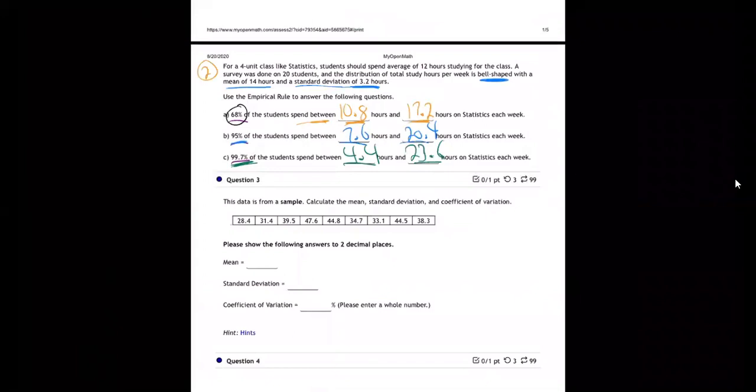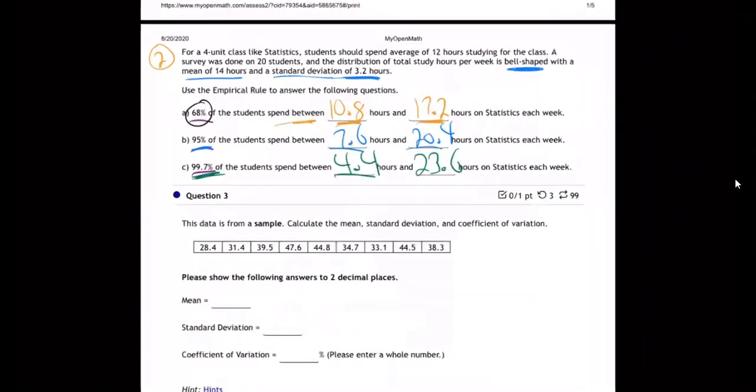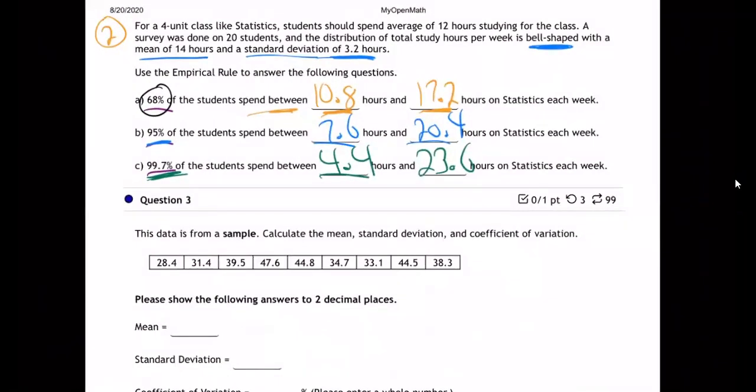Oops, that's not very good writing. And there we go. That's how we do number 2.